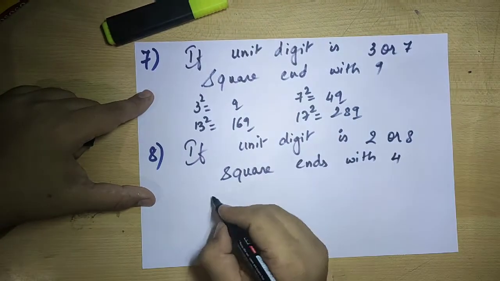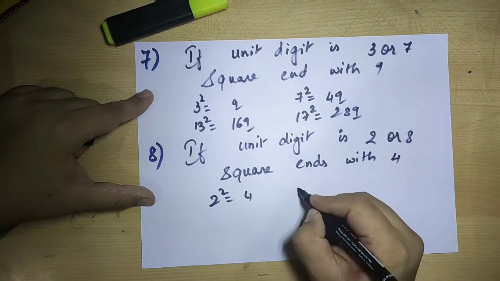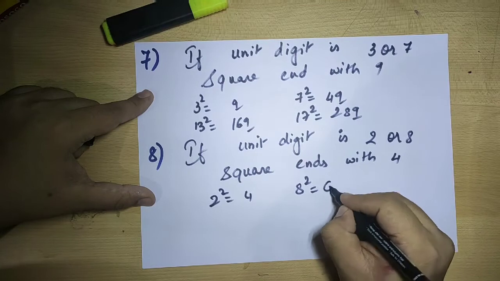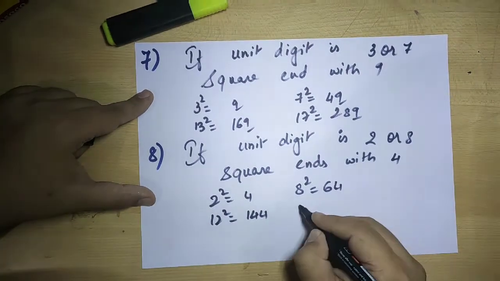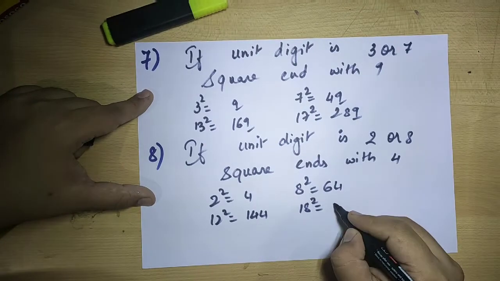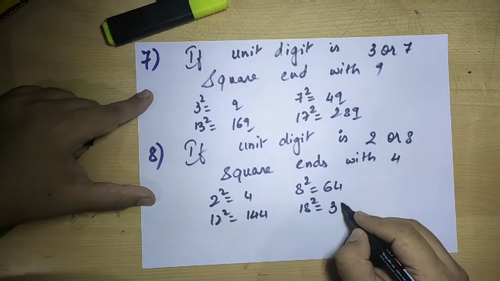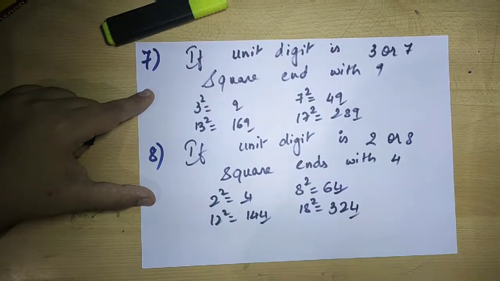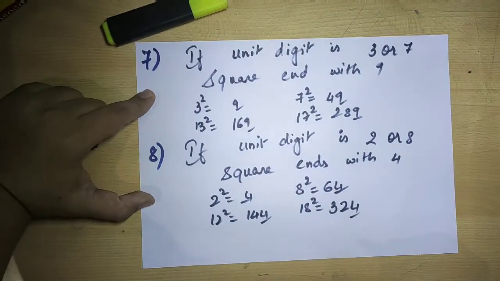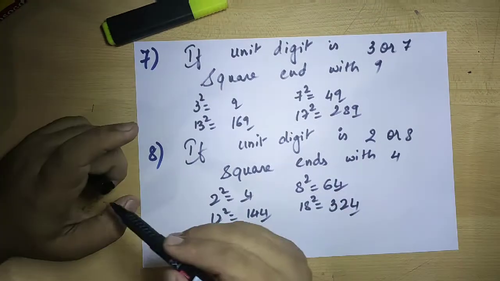You can check: 2 square 4, 8 square 64, 12 square 144, 18 square 324. So this is the system.